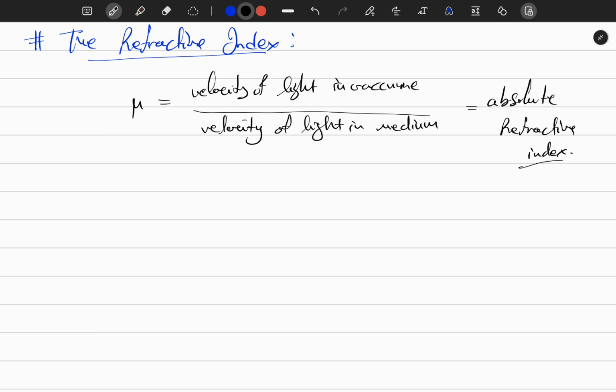We can write mu, the velocity of light in vacuum being denoted by c and the velocity of light in a medium denoted by v. So mu is equal to c by v, and sometimes the refractive index is also referred to as the optical density.